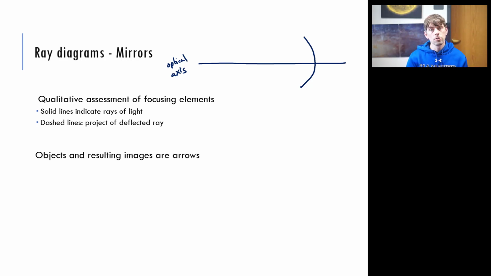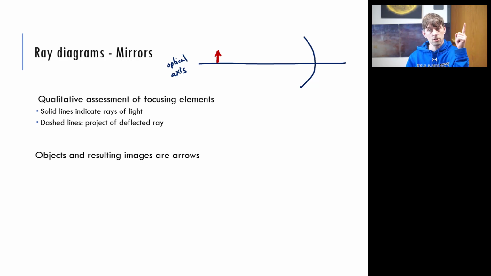Now, objects and resultant images are also drawn as arrows. After you have your optical axis drawn in, generally the tradition is to draw the object represented as an arrow with the tail of the arrow touching the optical axis. This is done simply because we need some way of telling if the object is standing right side up or upside down.